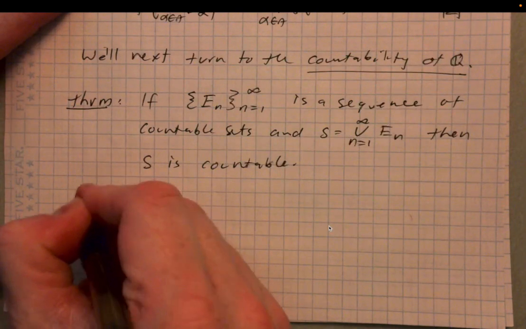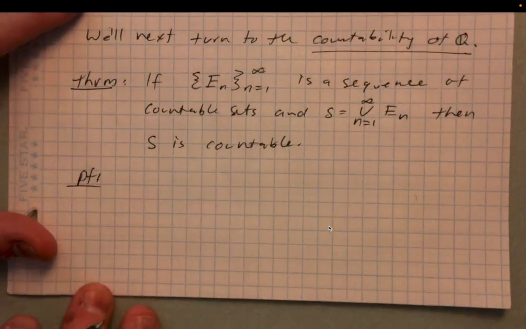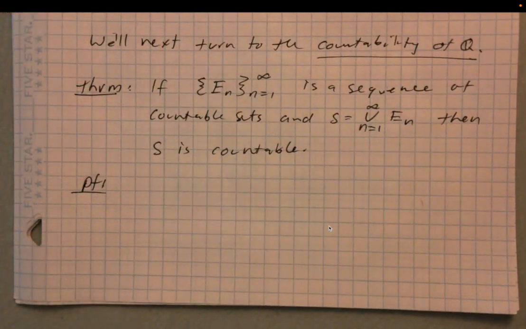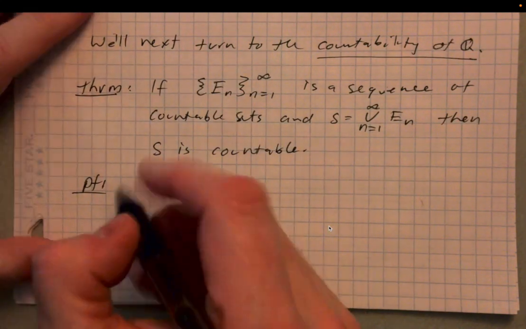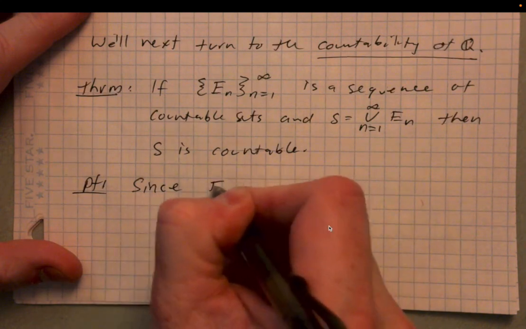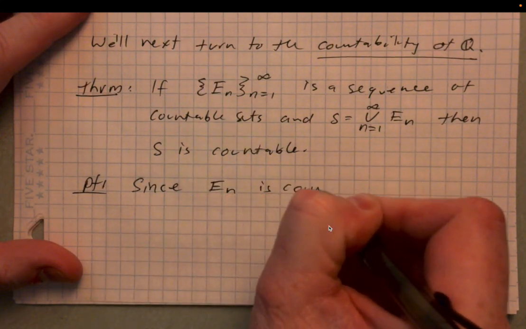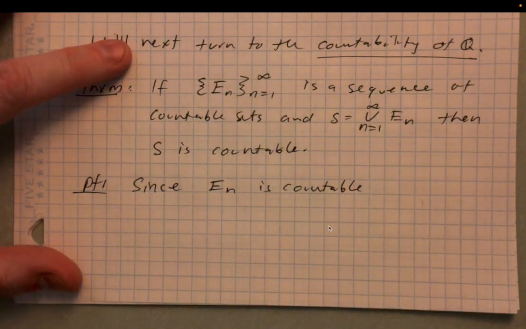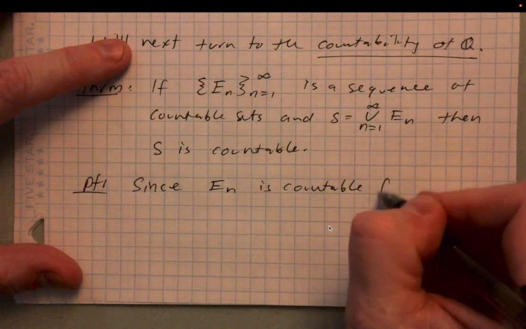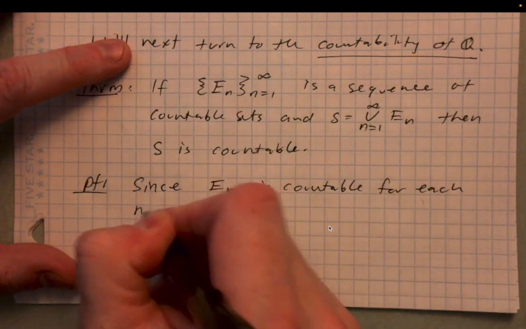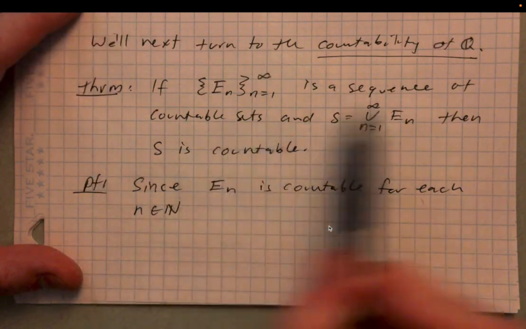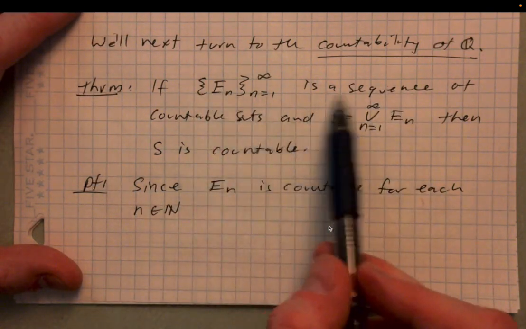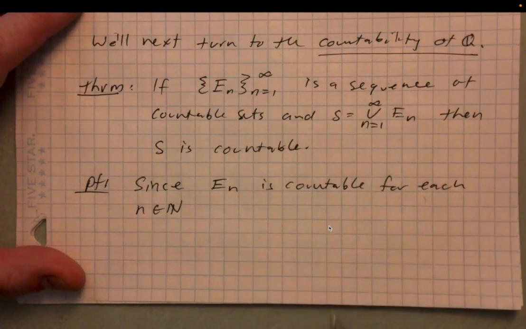Okay, let's prove this one. We'll start with the fact that E sub n is countable, right? By assumption, E sub n is a sequence of countable sets, so we assume that to be true.